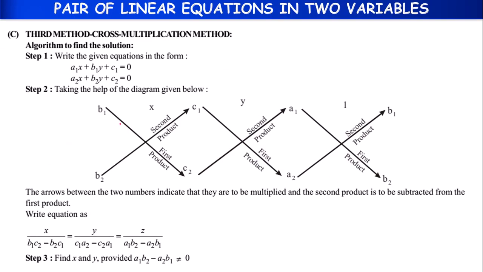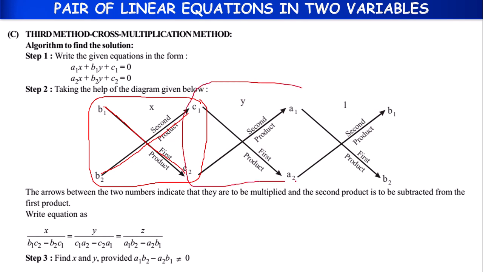And so, starting from this first group, cross multiplication. This is the first product, this is the second product. Again, from the next group, this is the first product, this is the second product.